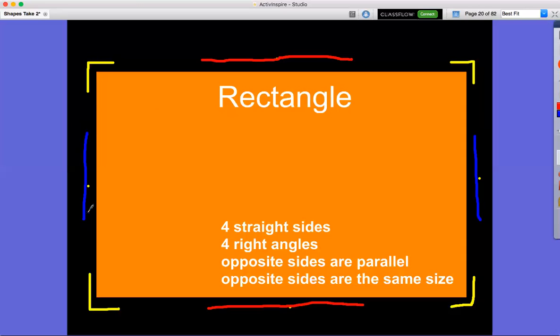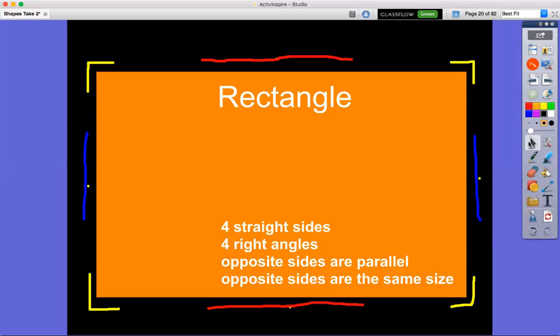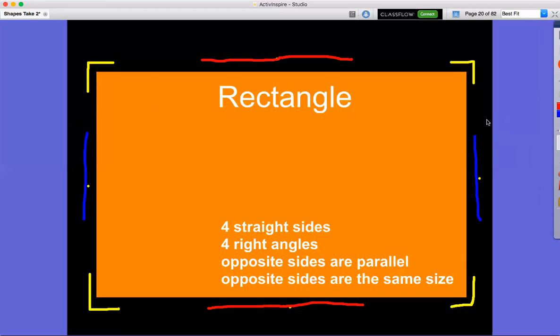They are also running parallel. So that means this blue side runs straight alongside its opposite side over here. It doesn't wander off and get all curvy. They are running parallel, straight alongside of each other, okay? So that's why a rectangle kind of looks like a stretched out square because it has four straight sides.